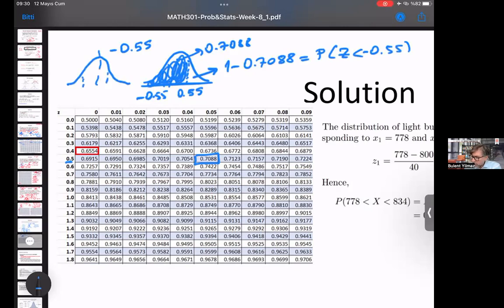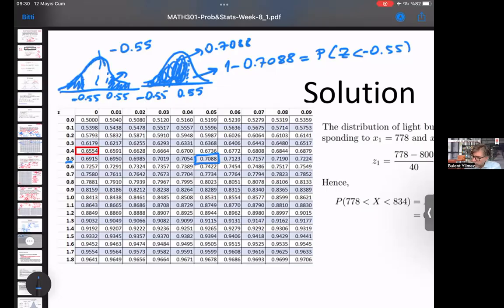Because my distribution is symmetric, this area will be the same as this area. The area below minus 0.55 will be equal to the area above 0.55. So the table gives me the area here.